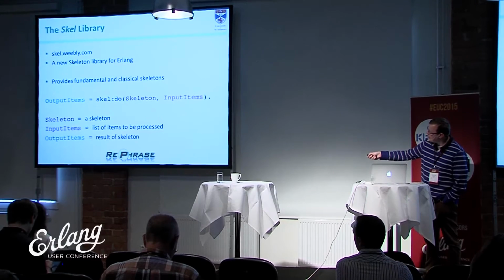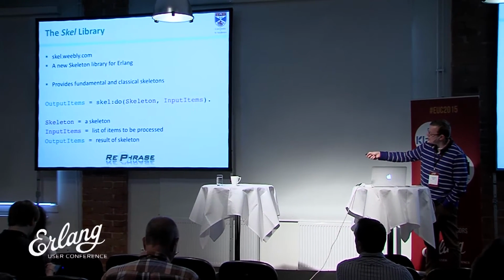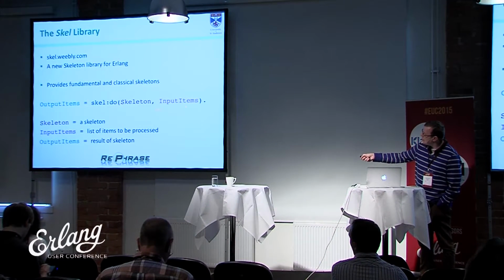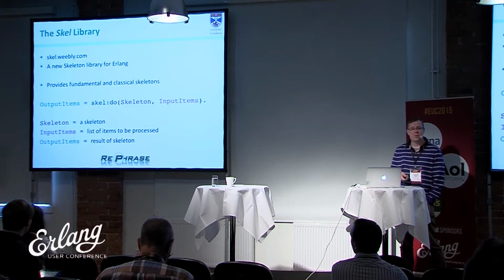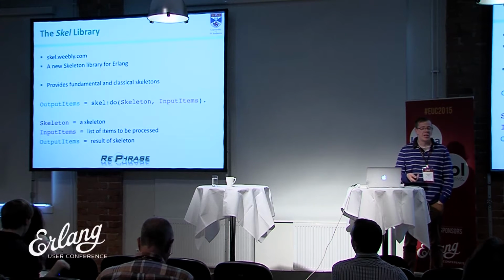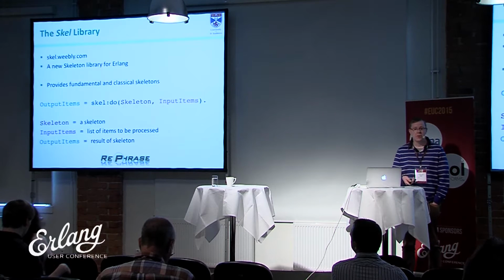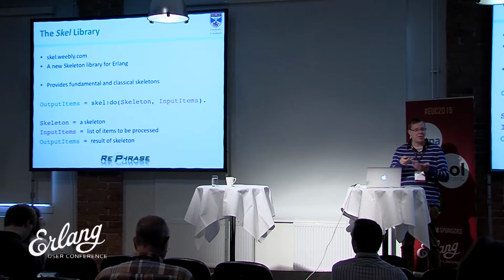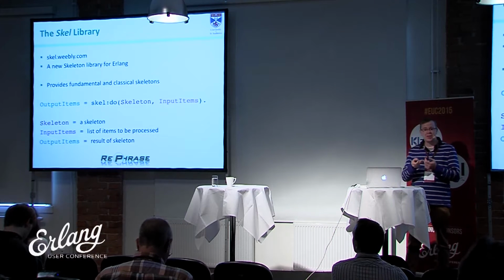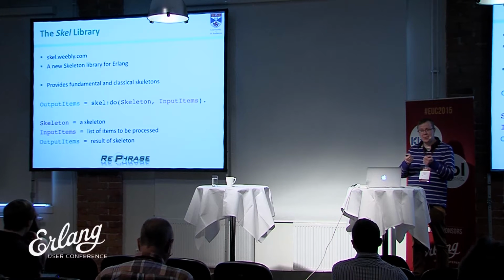This is the top-level API of the Skel library. There's a top-level function called do that takes a skeleton tree. So the programmer simply describes what type of skeleton he wants to use, whether it's a farm, whether it's a pipeline, whether it's a nesting of farms and pipelines. He basically expresses this in terms of an Erlang tuple with some atoms.